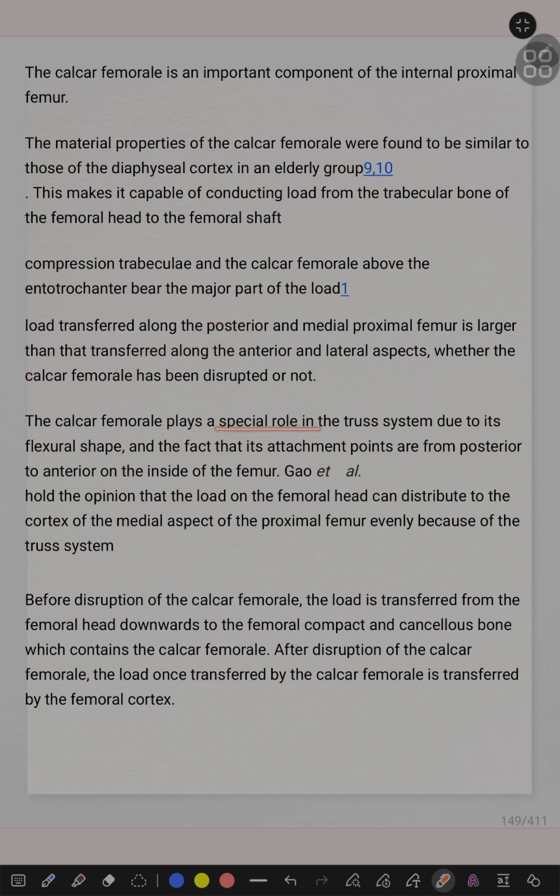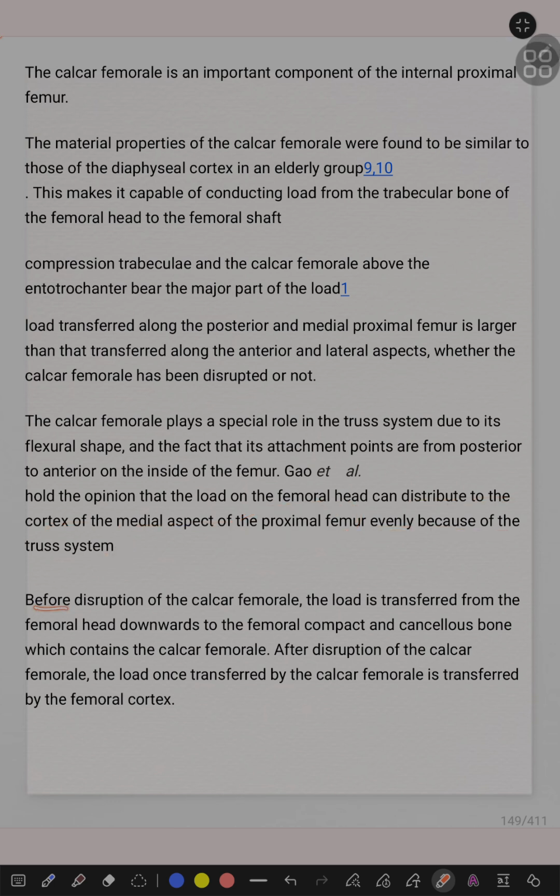It plays a special role in the truss system, as we already discussed, due to its flexural shape and the fact that its attachment points run from the posterior to the anterior on the inside of the femur. It allows the load on the femoral head to be distributed evenly to the cortex of the medial aspect of the proximal femur because of this truss system.